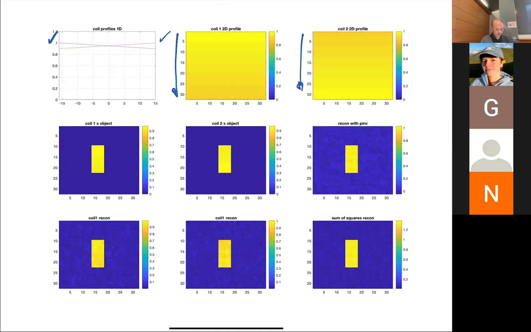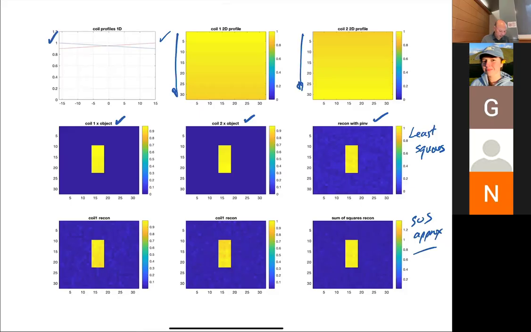And these are the objects: the object times coil 1, and the object times coil 2. This is the reconstruction with the exact least squares solution, and this is the sum of squares approximation. And you can see they do pretty well.